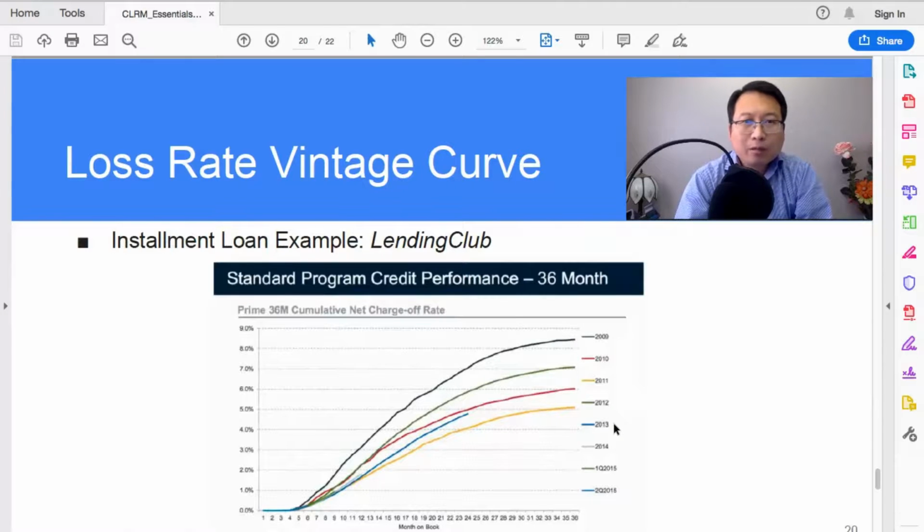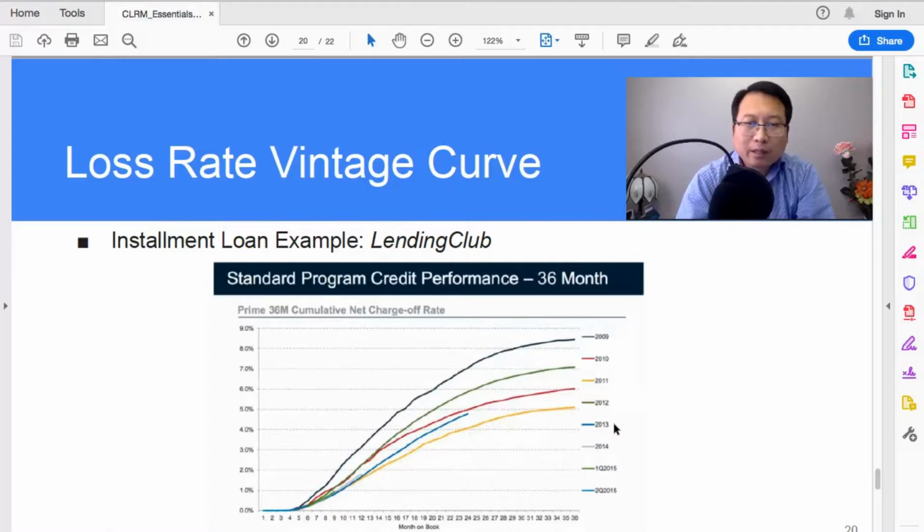For installment loans, usually the loss rate is calculated as the cumulative loss amount divided by the original loan amount. In this example, this is the actual performance from Lending Club. It's their 3-year, or 36-month, loan.